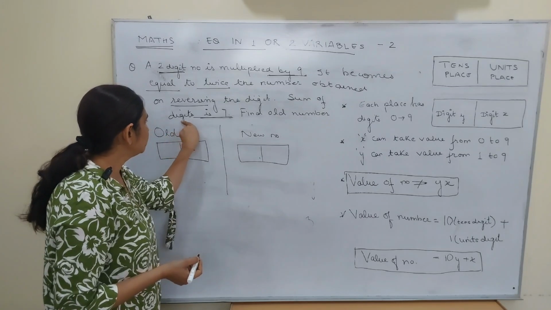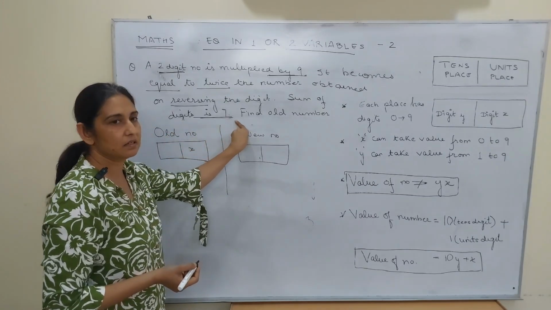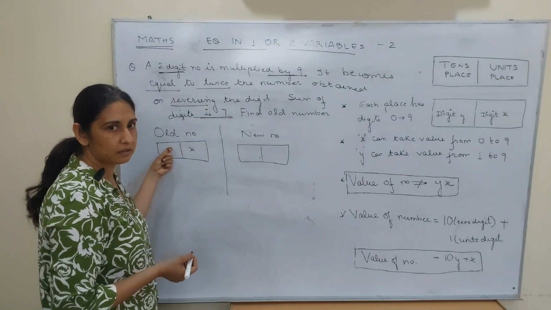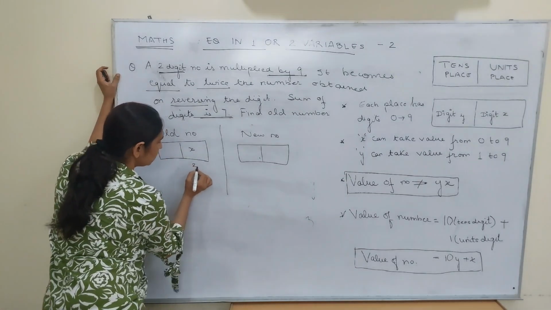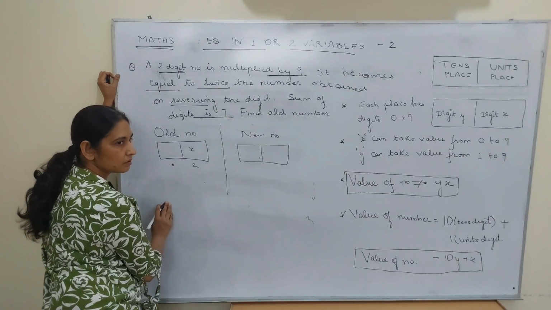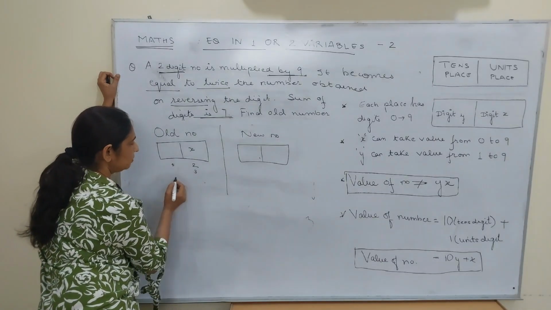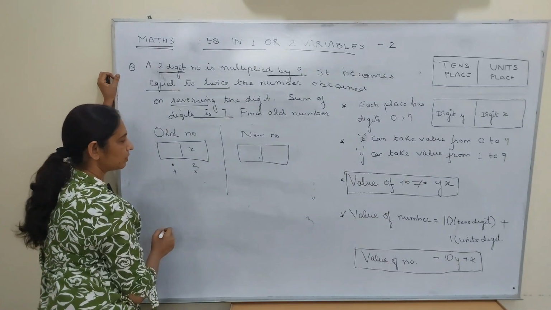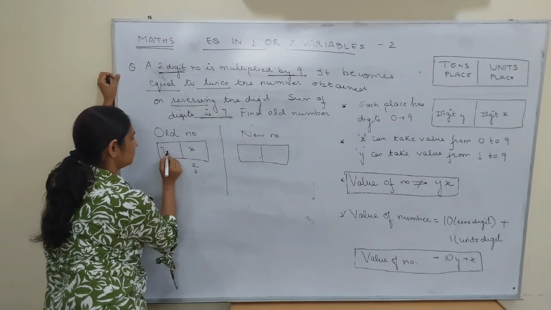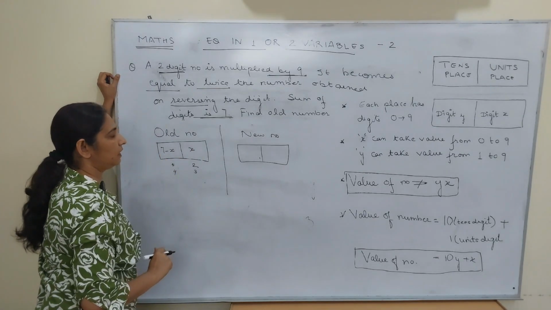Now look at this. The sum of digits is 7. This and this add up to 7. By chance if this is 2, what will this be? 5. If this is 3, what will this be? 4. That means if this is x, this will be 7 minus x.